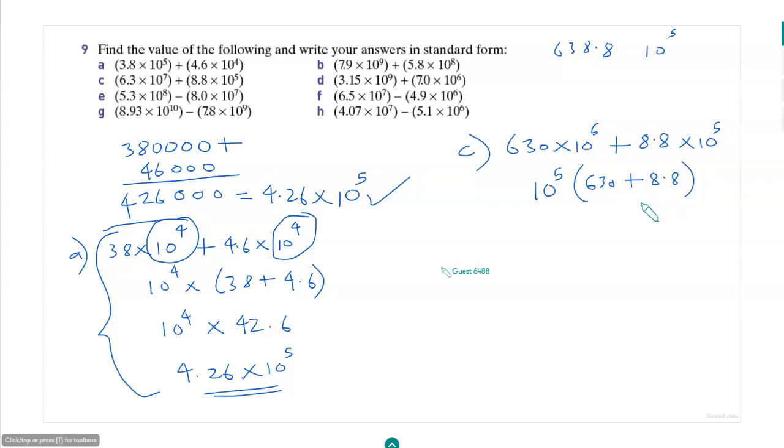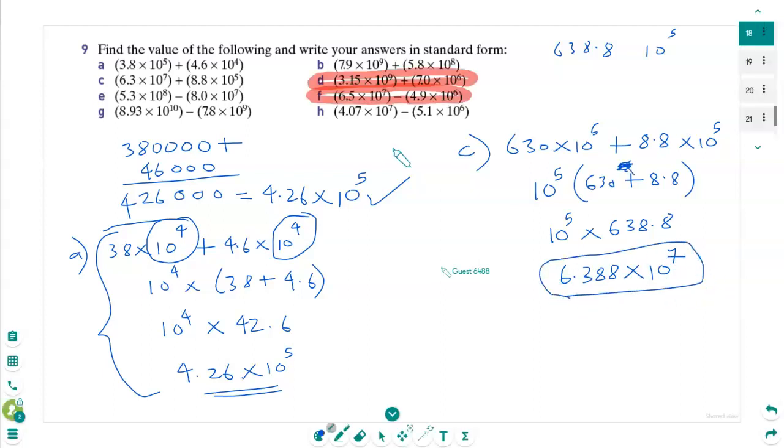Not times. So then 638.8, so 6.388 times 10 power of 7. Good. Okay, this is how you do it.